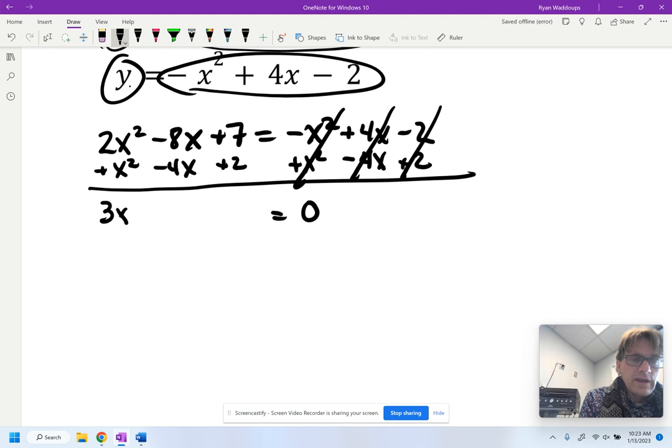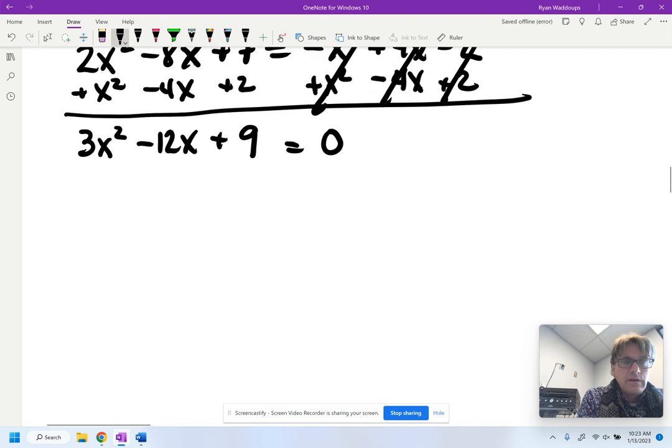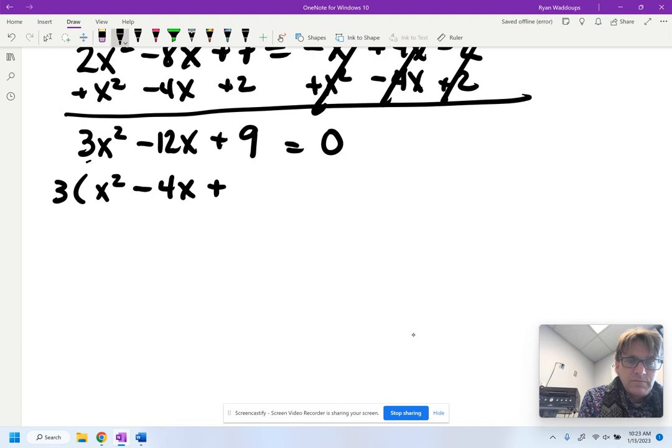Then we get 3x squared minus 12x plus 9 equals 0. I notice that each of these has a 3, so I'm going to first factor out a 3, and that gives me x squared minus 4x plus 3 equals 0.